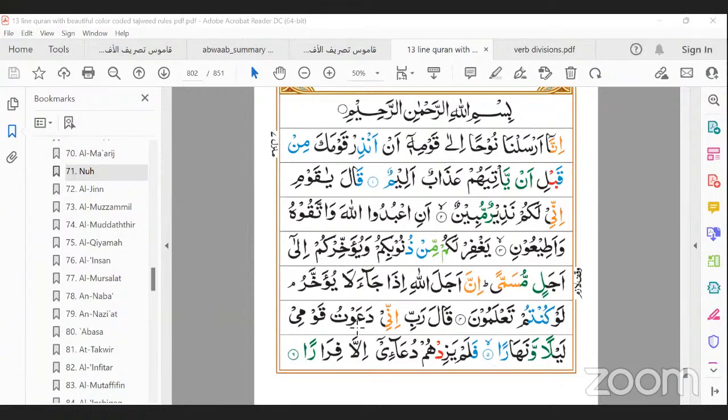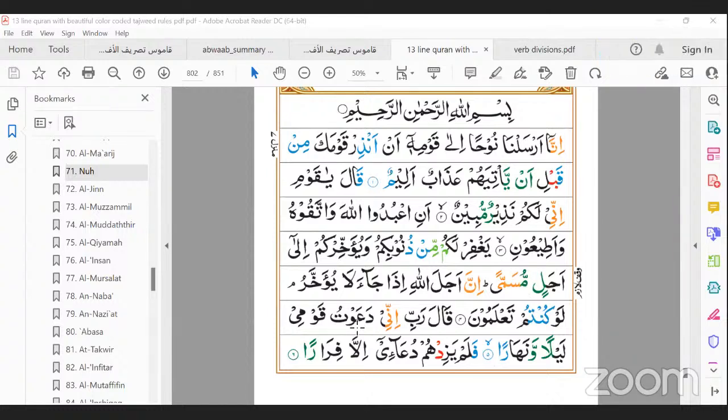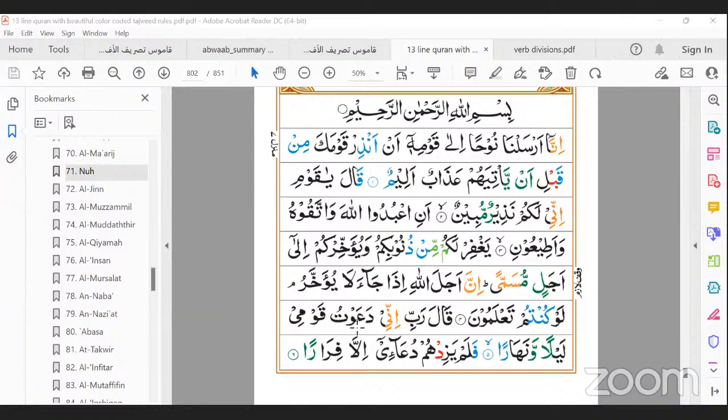So what happens is da'a, da'awa. The waw comes back in. The first one, the alif is dropped. The waw is dropped to an alif, da'a. Then the waw comes back in. Da'a, da'awa, da'awu, da'awat, da'awata, da'awna.